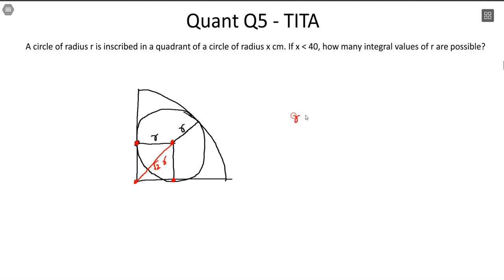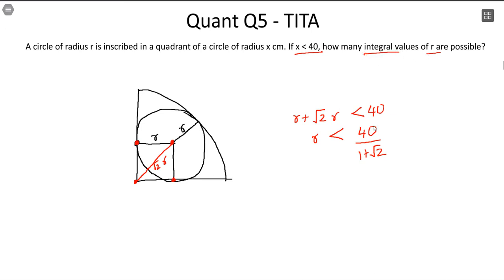So r plus root 2r, according to the question, this is the entire radius of the quadrant now. This is less than 40. So r should be less than 40 by 1 plus root 2.